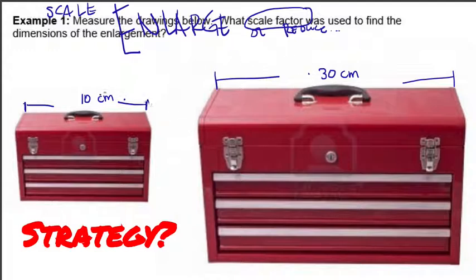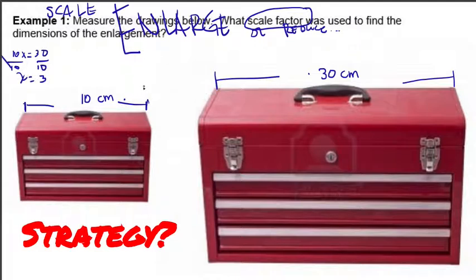So let's look at this one first. It's 10 centimeters. What did I multiply 10 centimeters by to get 30 cm? So let's see. 10x equals 30, divided by 10 divided by 10, x equals 3.